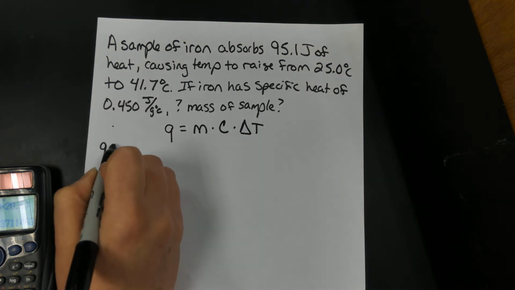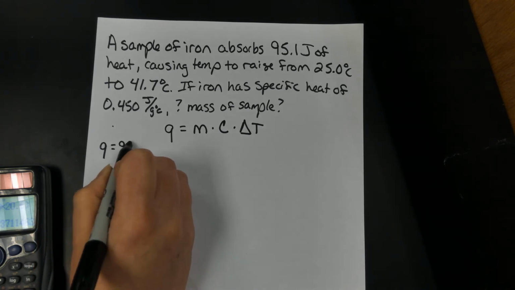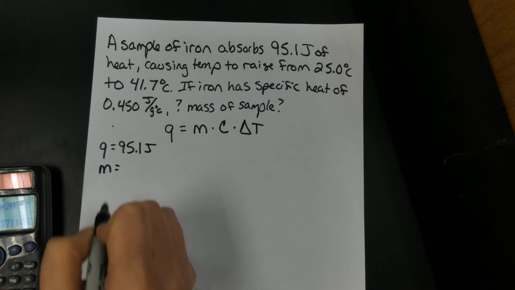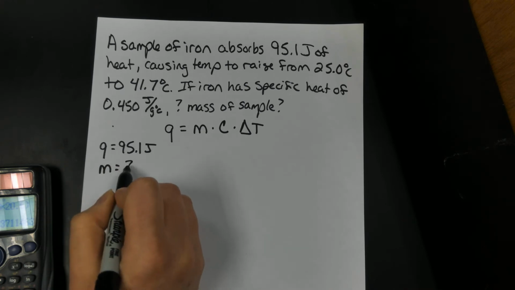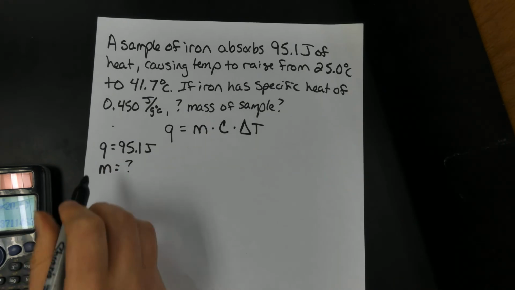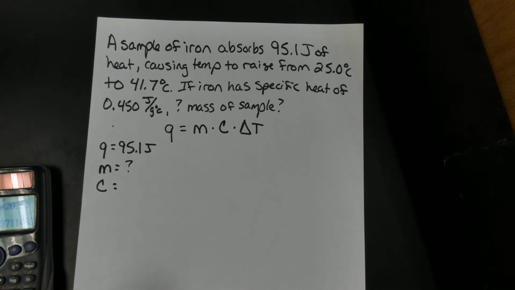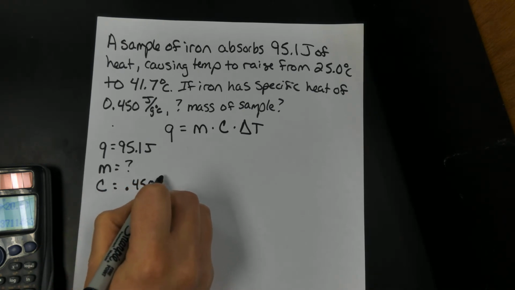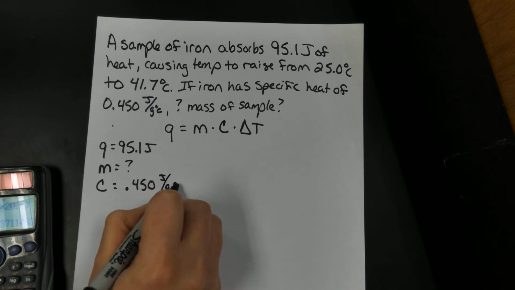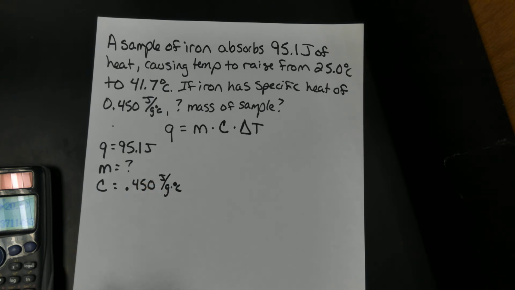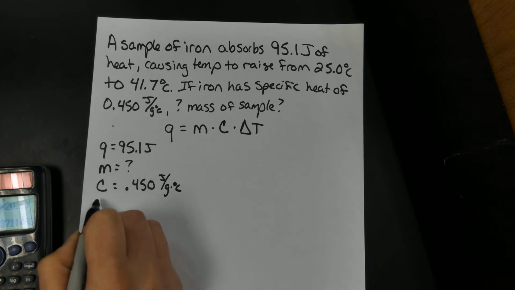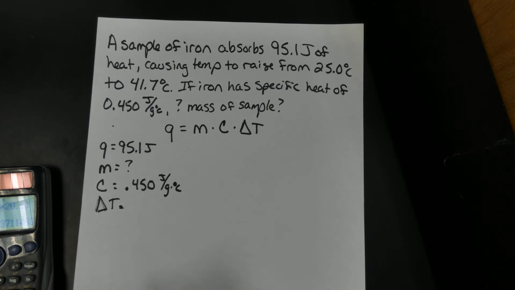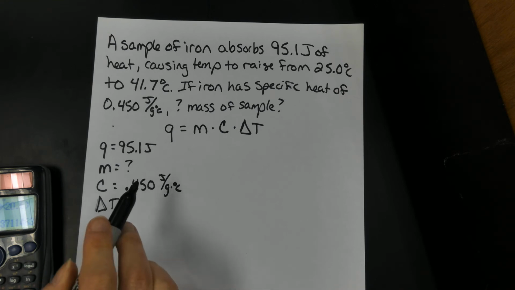Do I know my Q? I sure do, 95.1 joules. Do I know my mass? No, actually, that's what I'm going to be looking for. Do I know my specific heat capacity? Yes, 0.450 joules per gram times degrees Celsius. And do I know my delta T? No, not yet, but we can calculate it super quickly.